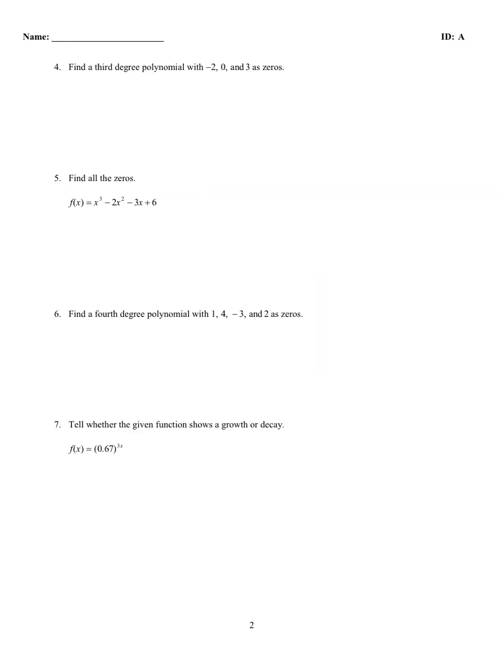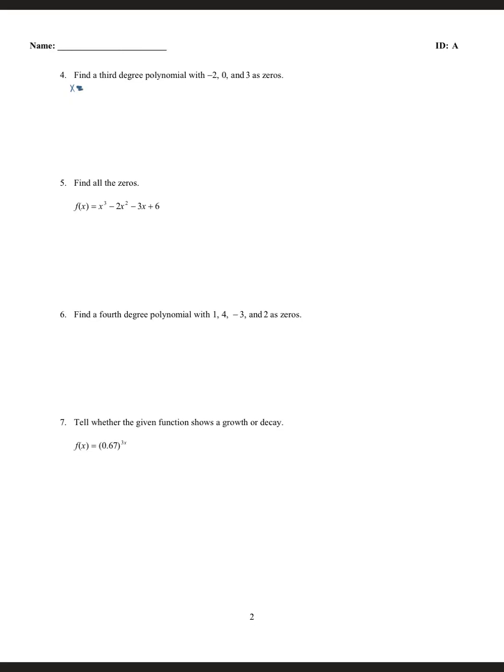For your next example, number 4, you're finding the 3rd degree polynomial with negative 2, 0, and 3 as your zeros. So you're going to set your negative 2 equal to x, your 0 equal to x, and your 3 equal to x.